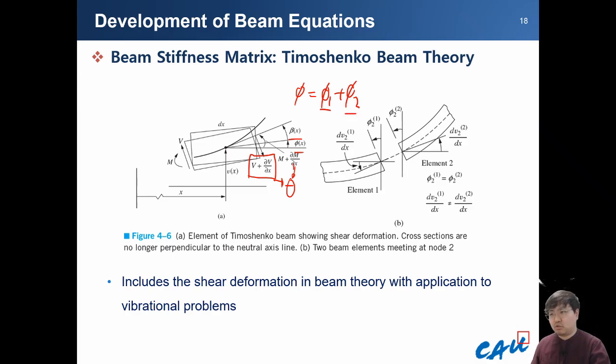They added these two terms, so the cross section is not perpendicular anymore. This is how we obtain Timoshenko beam theory.